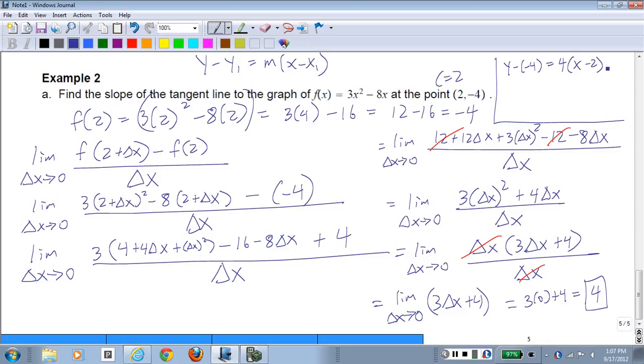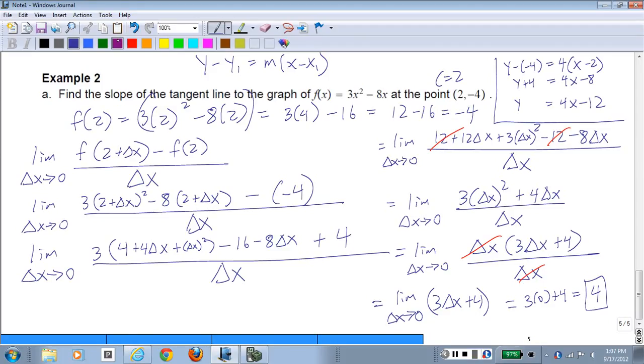If we solve this for y, put it in slope-intercept form, then we can just type in the right-hand side, and the calculator should graph this for us. So y plus 4 equals 4x minus 8, so y equals 4x minus 12. If we had the calculator graph this line, it should look like it's behaving as the graph is behaving and going right up alongside it, the tangent line.